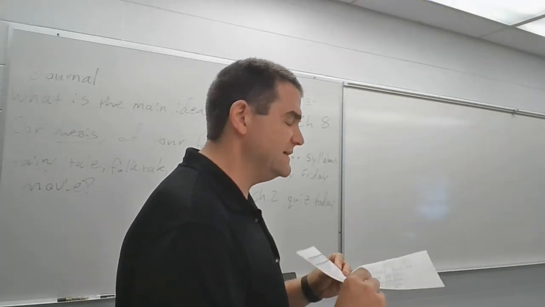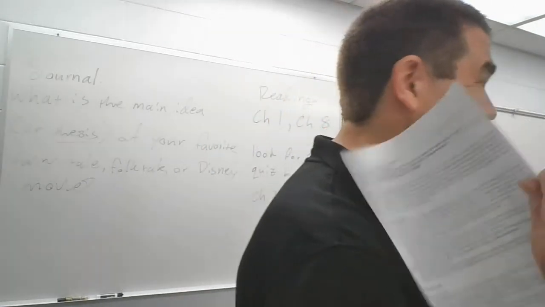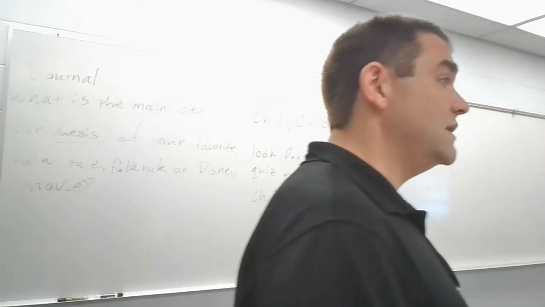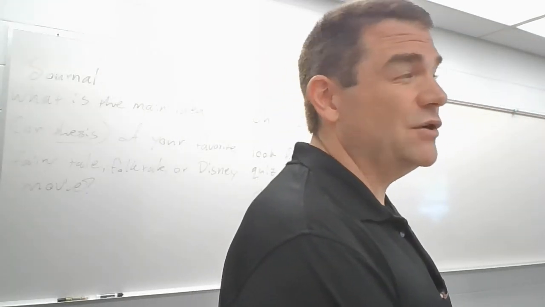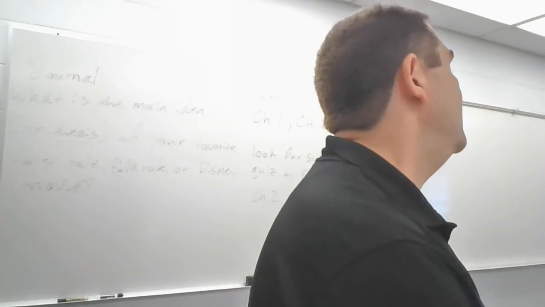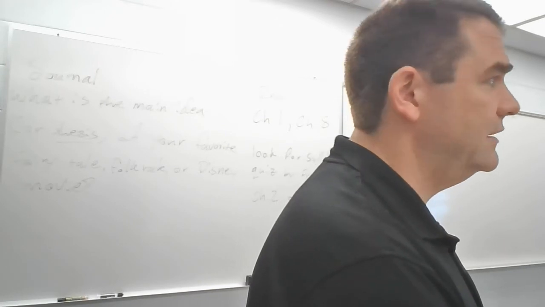Do I have good ideas? Do I have a solid conclusion? All that sort of stuff is right here. It's not just a grade sheet, it's also a good tool for you all to be able to edit your papers or do that final edit on the paper. All right, any questions on the essay?